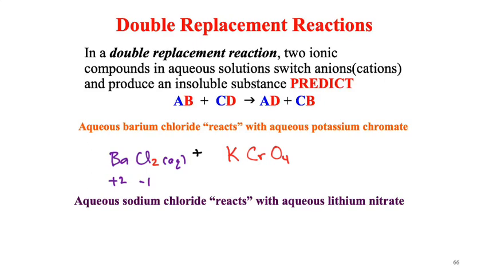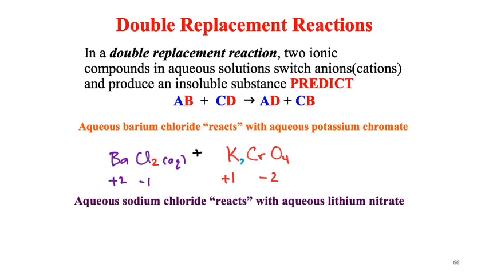None of you. You are not responsible for knowing chromate. Watch the nomenclature video where I tell you which ones you're responsible for. Oh, is it just the seven? Yes. Chromate's a -2. Potassium is a +1.